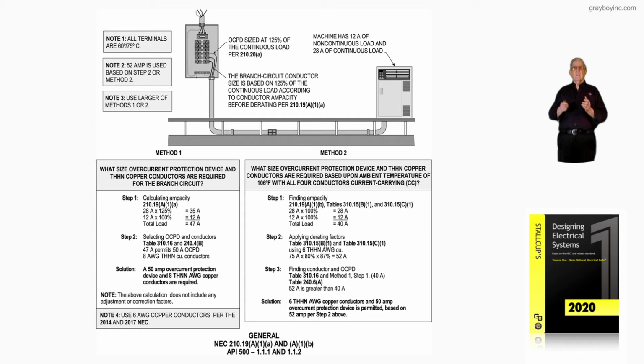Now, the next thing, let's review the top of the illustration, and it says the non-continuous load is 95 amps. The continuous load is 98, I believe, that we're looking at.